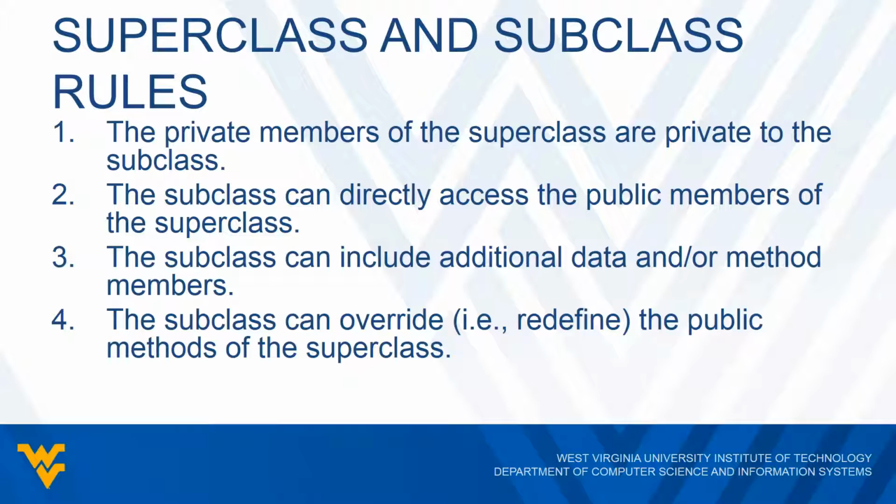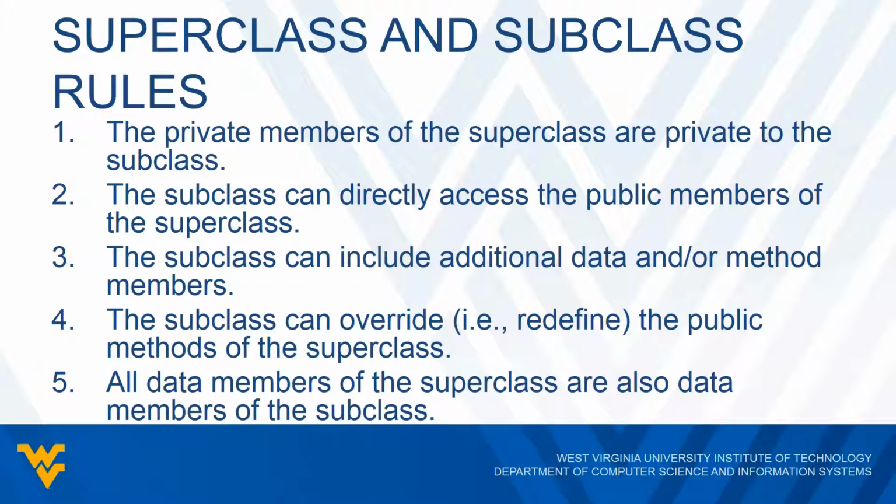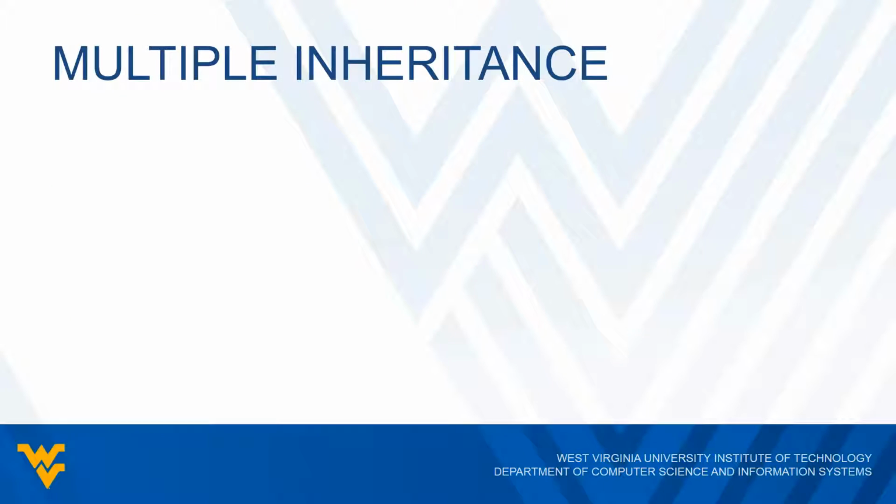So what we're saying here is we can do this with other methods as well in the subclass. And then the last rule is that all data members of the superclass are also data members of the subclass. So we're automatically given all of the methods of the superclass. Now the data, if they're private, we can't directly access them, but any method that is defined in the superclass, we're given automatically in the subclass.